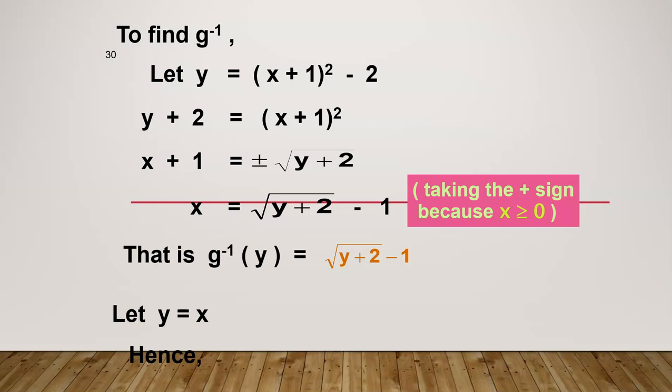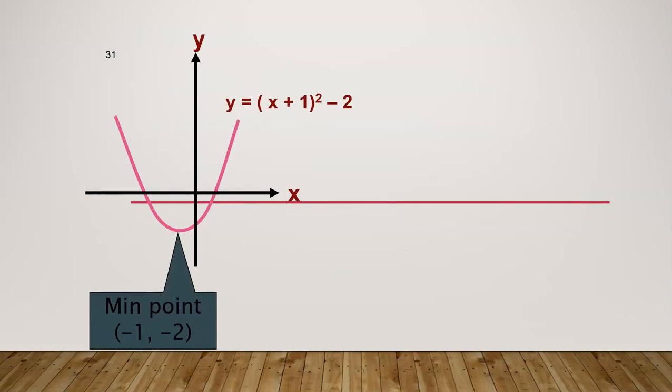Let y equals (x plus 1) squared minus 2, y plus 2 equals (x plus 1) squared, x plus 1 equals plus or minus square root of y plus 2. Then g inverse equals square root of y plus 2, minus 1. Let y equal x, then g inverse will be square root of x plus 2, minus 1. Just change y into x.